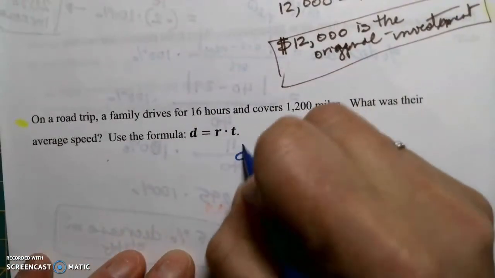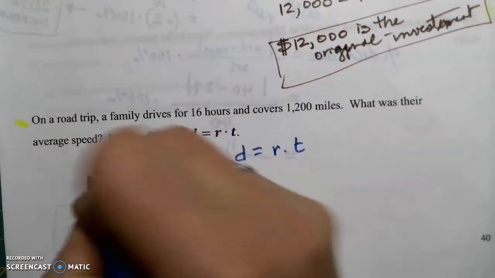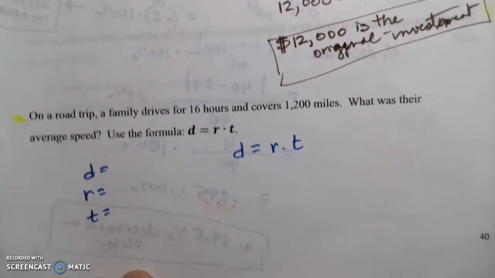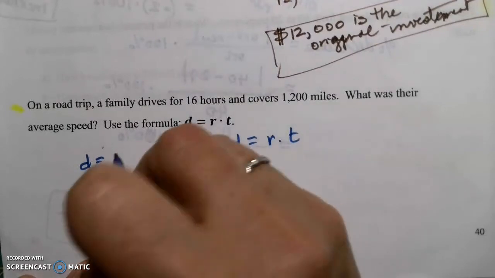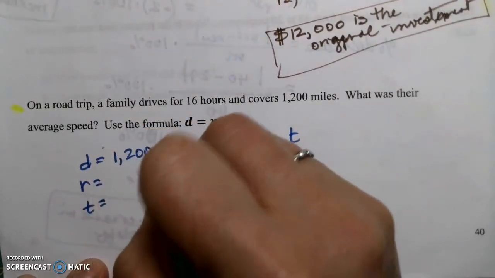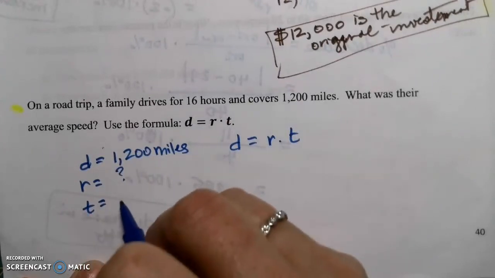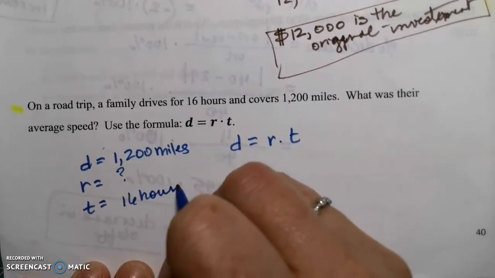All right, so distance equals rate times time. Okay, so go off to the side here, figure out what we've got. Okay, distance was 1,200 miles. Rate, that's what we don't know, the average speed there. And then the time is the 16 hours.